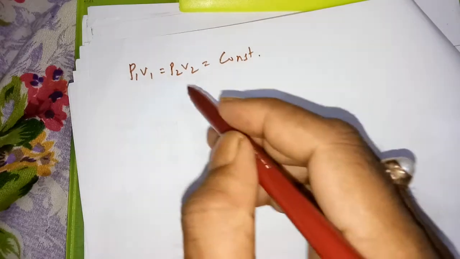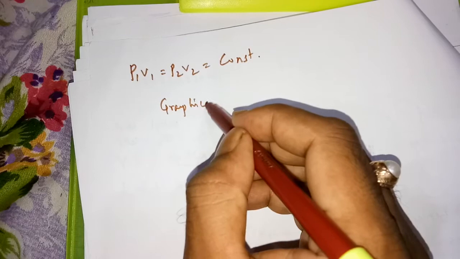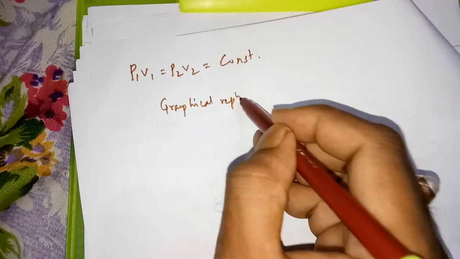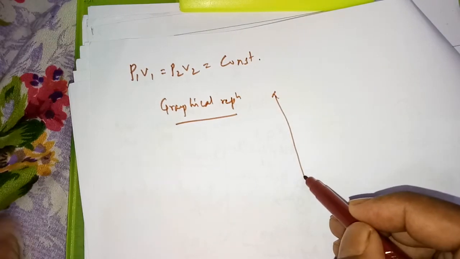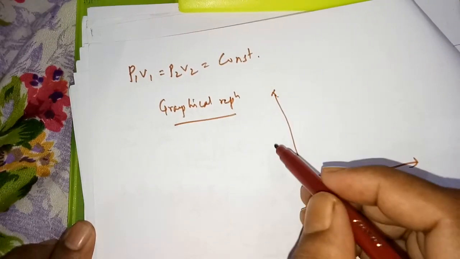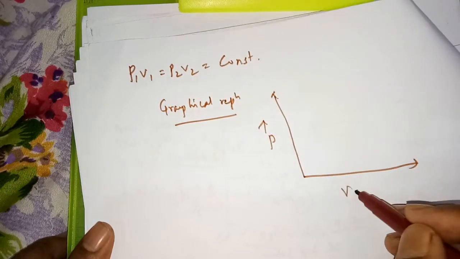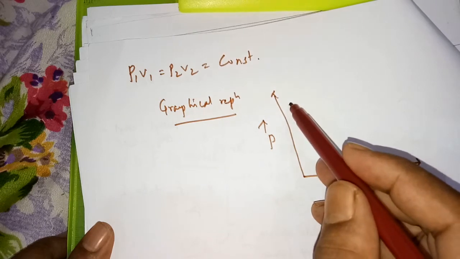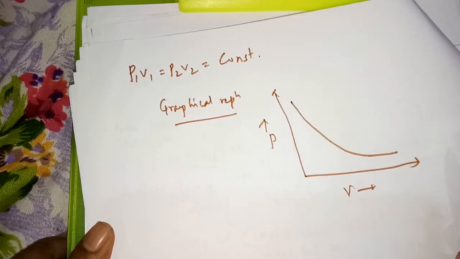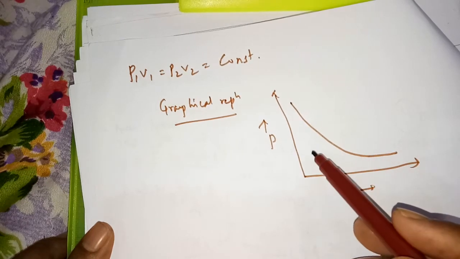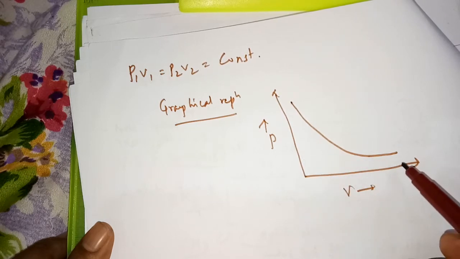Now the graphical representation of this one. In the x-axis if you have pressure and in the y-axis you have volume, it will go like that. So when the pressure increases, volume decreases, or when the volume increases, pressure decreases.